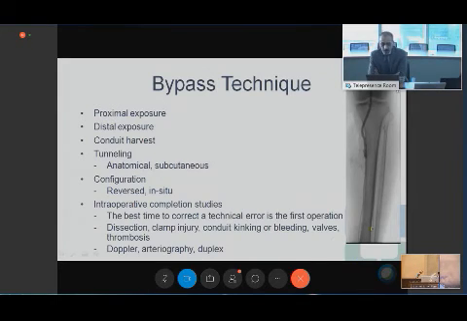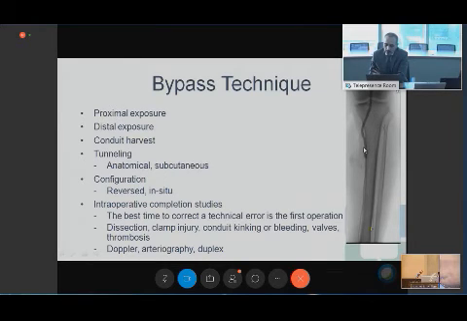When we finish, we proceed with intraoperative completion studies. Those can be done with Doppler. We listen to signals with and without compressing the vein bypass or the bypass. And the most accurate modality to test that is completion angiogram, which you see on your right-hand side.